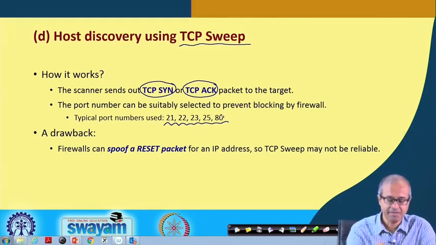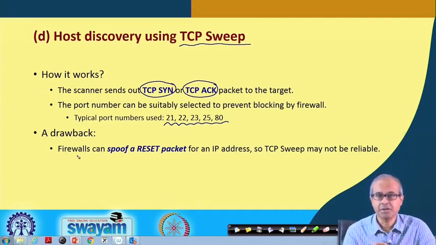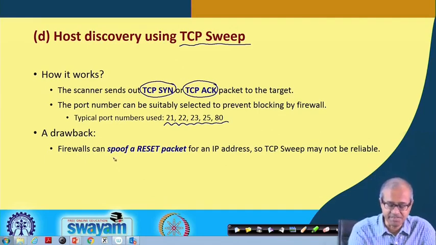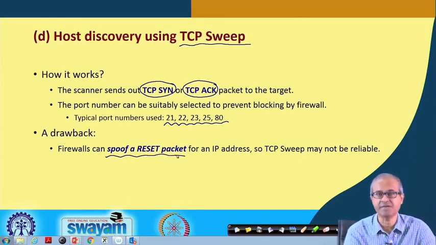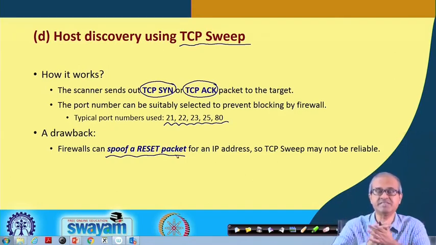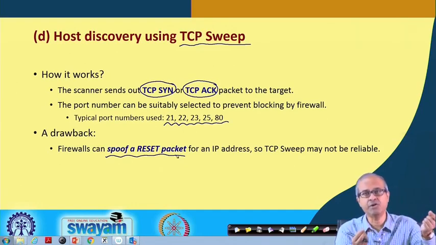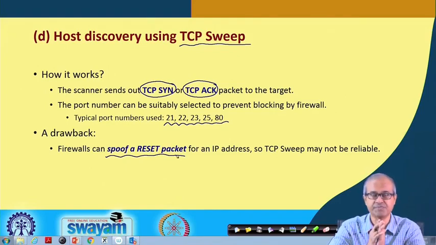Okay. But the drawback is that firewalls can again block this kind of thing. That means it can change the IP address, spoof a reset packet for an IP address. For some particular IP address, if you send a connection request, the firewall can reset the connection, because I can set my firewall in such a way that I will not allow any incoming request to some particular host.